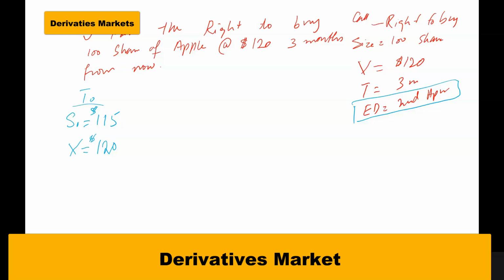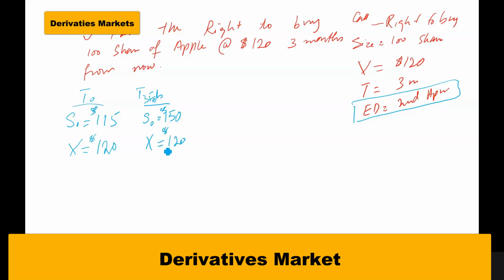So let's suppose 1 day later, I just write it T 3rd Feb. If the stock price goes to $150 and I have the right to buy it at 120, it will be valuable for me to exercise my right tomorrow.